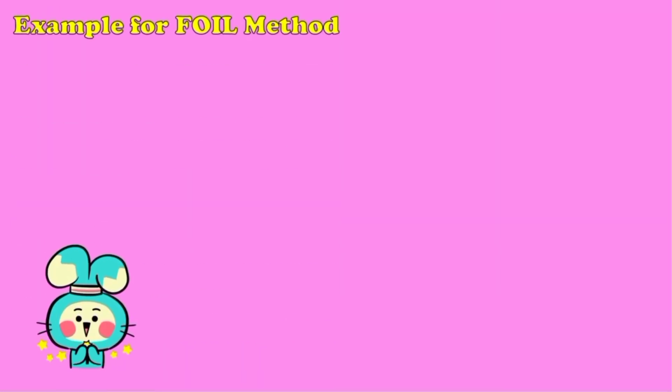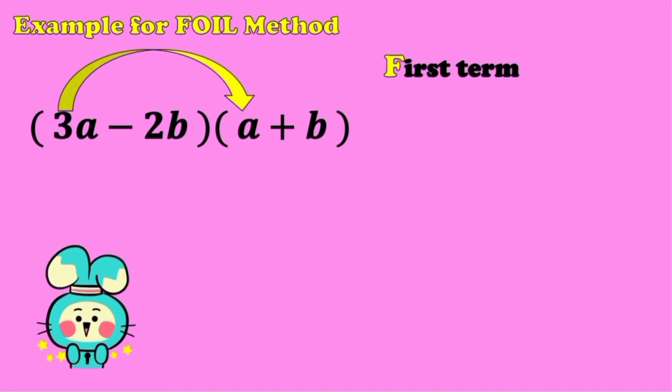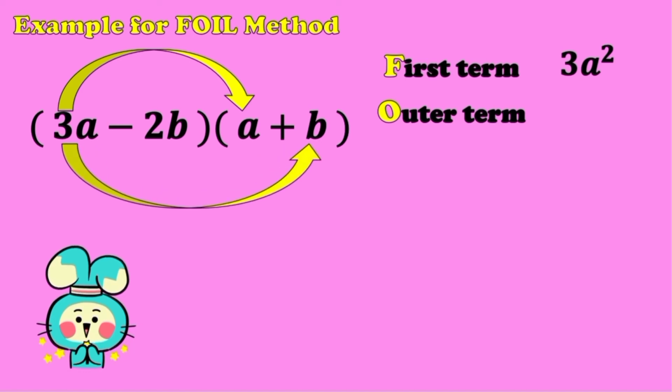Example for FOIL method. 3a minus 2b multiplied by a plus b. Multiply the first terms. Our first terms here are 3a and a. Our answer is 3a squared. Now, the outer terms. The outer terms are 3a and b.